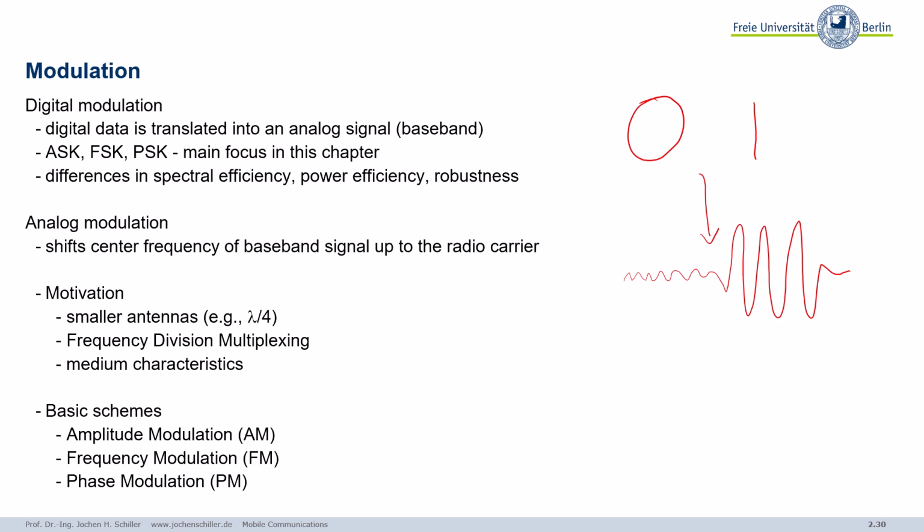There are many differences in how you translate this digital data into the analog signal. I will give some examples. They all have some differences in how efficient they are, how robust they are. What does robustness mean? Well, think of interference.